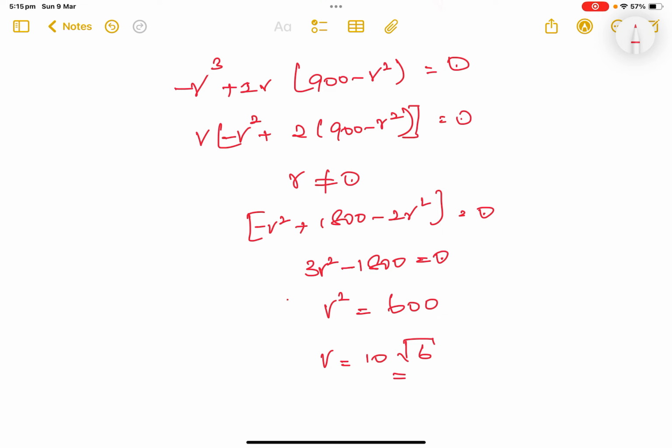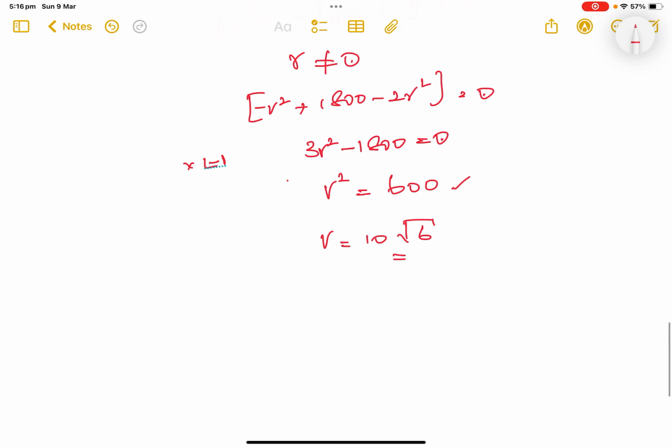If we take it to the other side, or multiply by minus, what you get is 3r squared instead of minus 3r squared. Plus 1800 becomes minus 1800. Take the 1800 to the other side. 3r squared equals 1800, r squared equals 600.